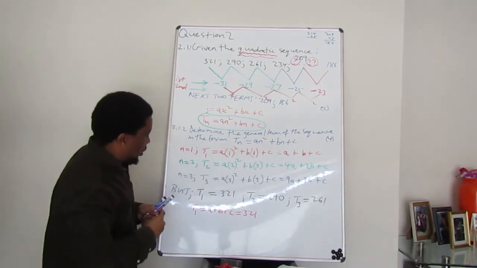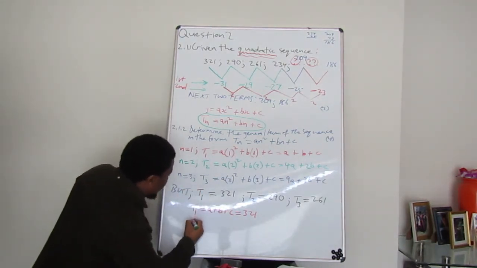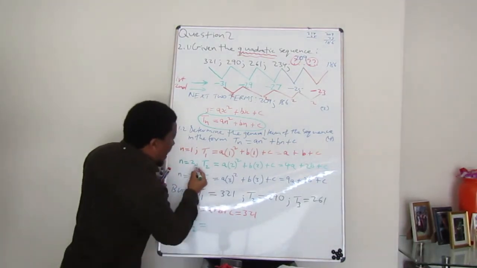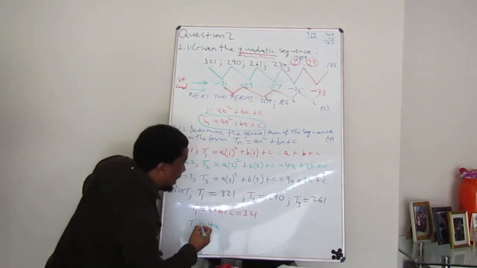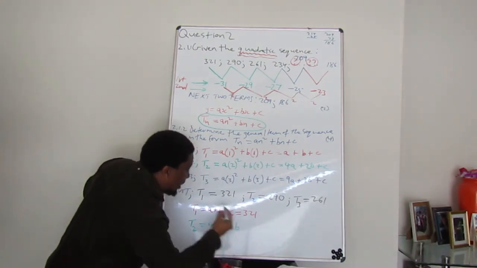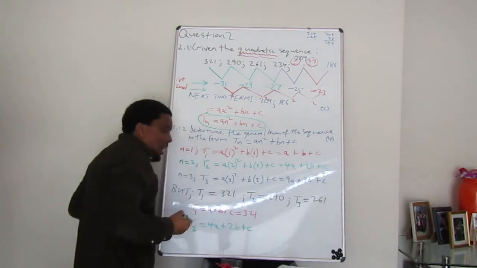Let's go to green now. Term 2. We found term 2 to be equal to what? 4A. I love this. Plus what? Plus 2B plus what? Plus C. Wow.